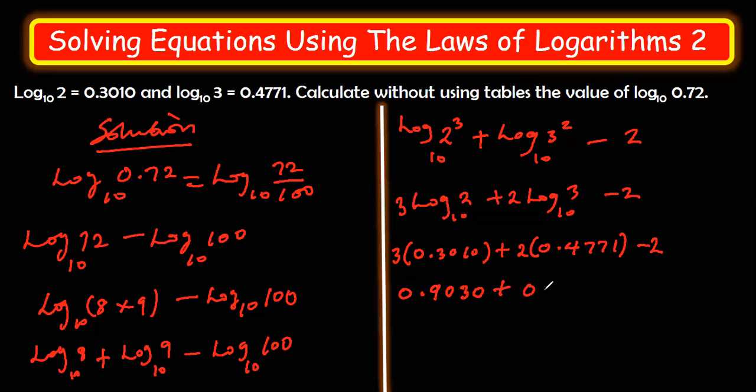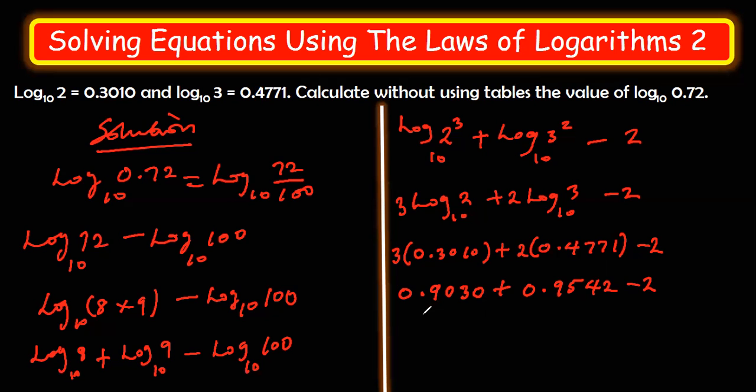I don't need to use a calculator for this. Then minus 2. So let's add these two values together. Adding these two, we should have 1.8572.